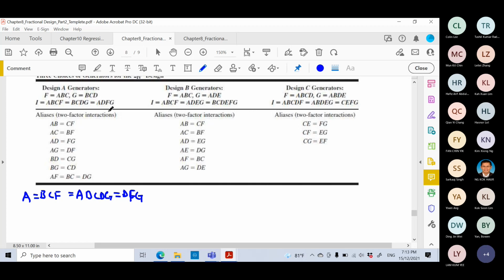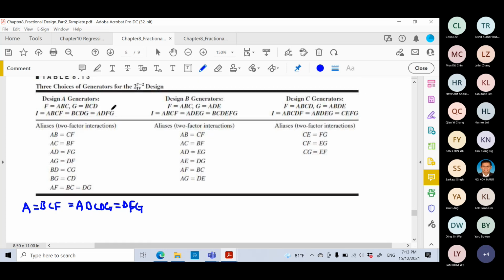Based on these 3 designs, which one do we want to choose? If you choose the first one, and the AB effect is significant, then you do not know whether the effect comes from AB or CF, because both of them are aliased together.